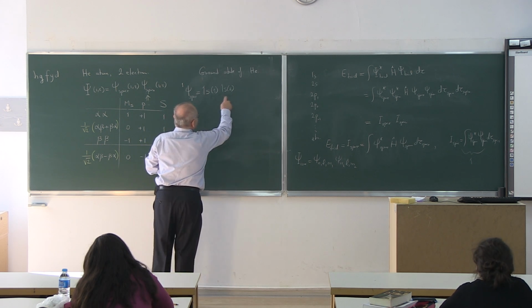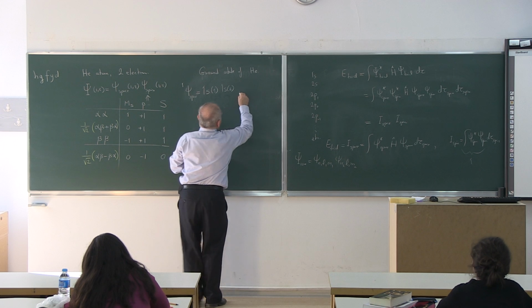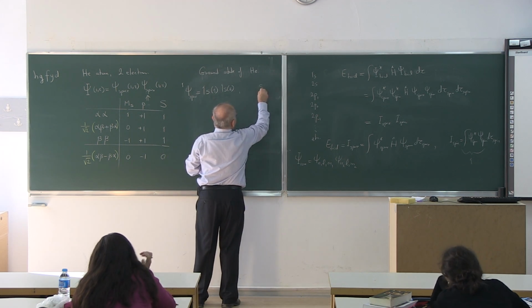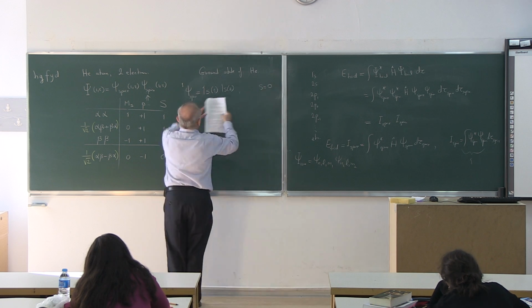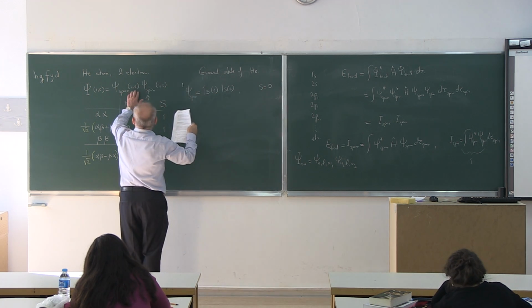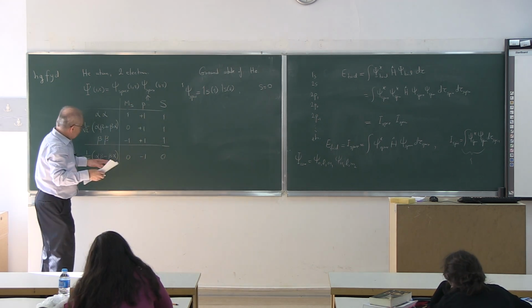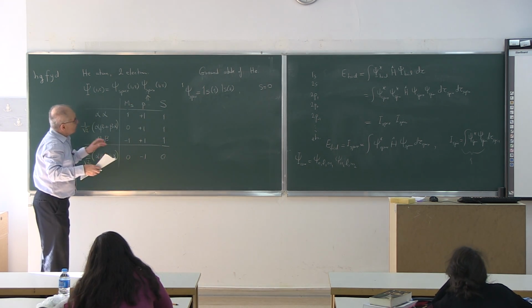Now, this function, therefore, corresponds to S equals 0 in the sense that when you use it in this expression, you can multiply it with the singlet spin function only.